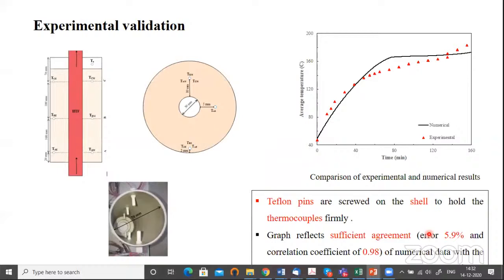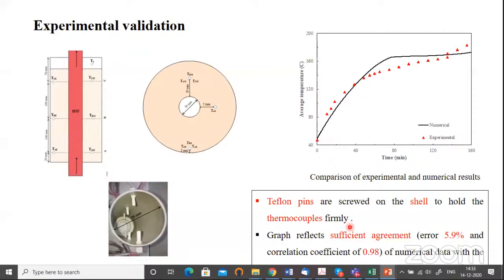Now, if we are measuring the temperature, it should be measured at certain locations so that we can validate it with the initial experiments which have been done by someone else. This slide shows the locations of the various T-type thermocouples which have been used, to measure and compare with the experimental verification done by someone else, and also the numerical simulation which we have carried out for our present study.